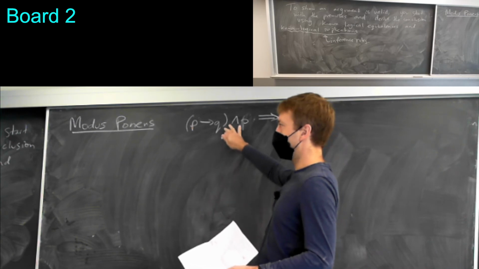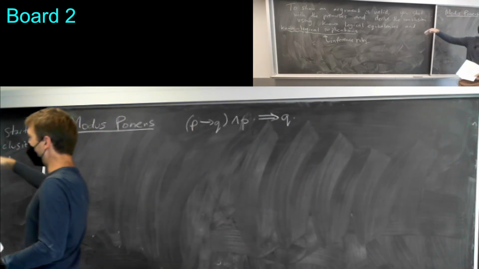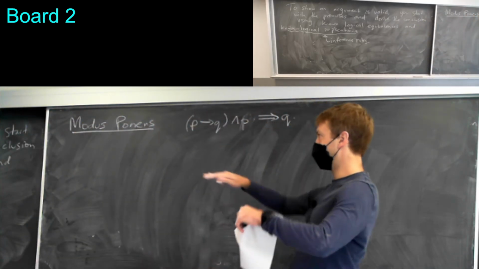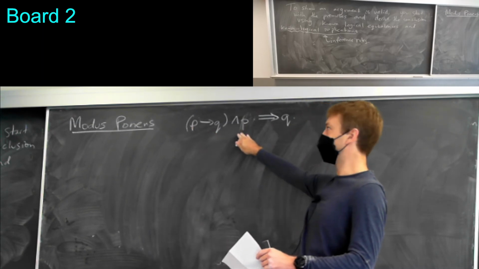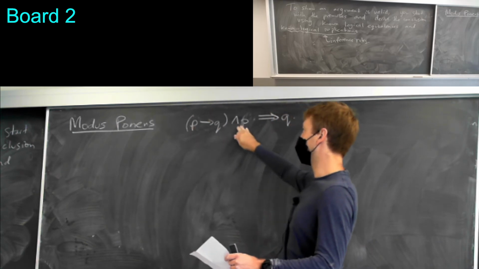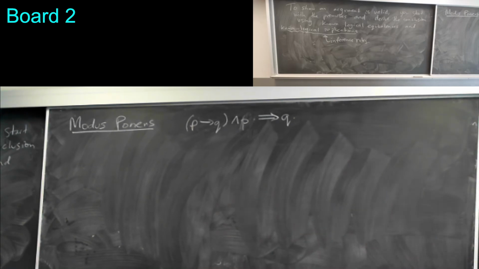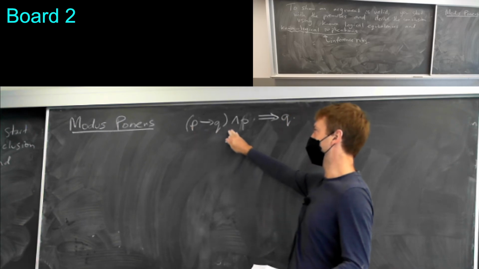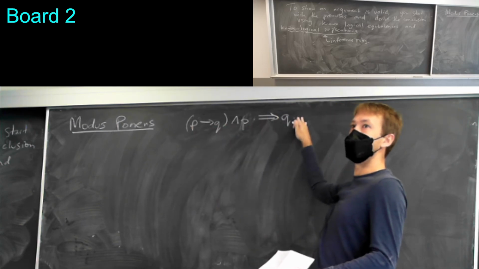So if you ever have a line in your derivation which says this is true, and another line that says this is true, then you can say, by modus ponens, I know this is true. It's combining the fact that P implies Q and P is true, to get Q is true.